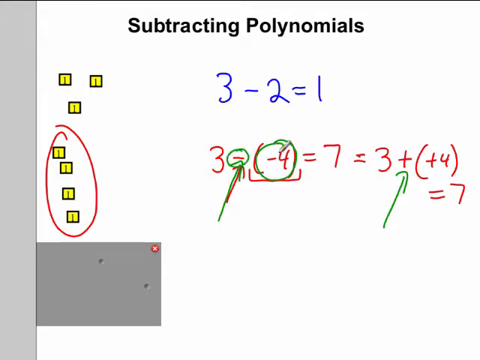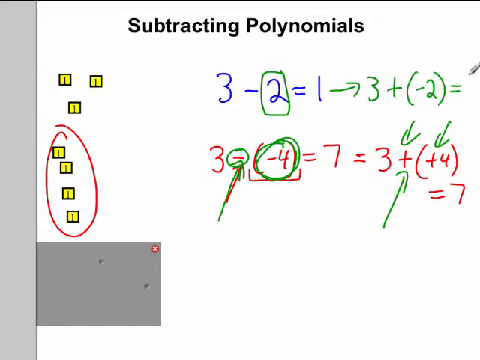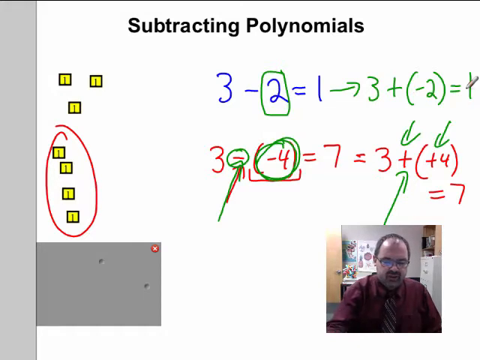So instead of subtracting, we add the opposite of -4, which is +4. We could have done this with this original question, 3 take away +2. We could have done that as 3 plus the opposite of 2, -2, and that still would have gotten us an answer of 1.